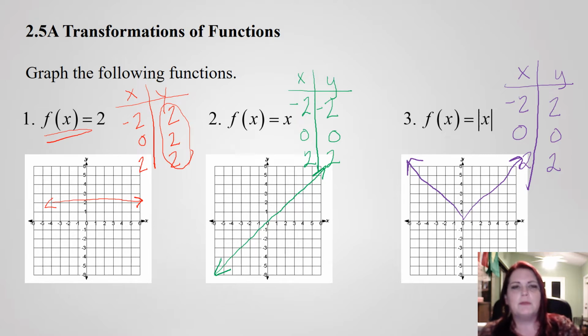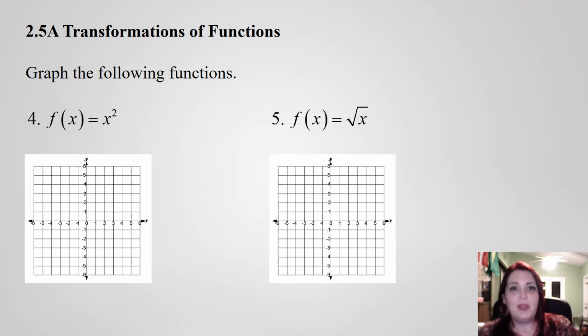Let's take a look at the next couple. So now we're going to get to f of x is equal to x squared. All right, I want to do an x, y table. And let's do maybe a couple more. Let's do negative 2. Negative 2 squared is 4.